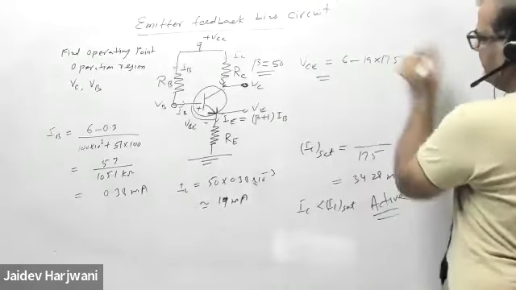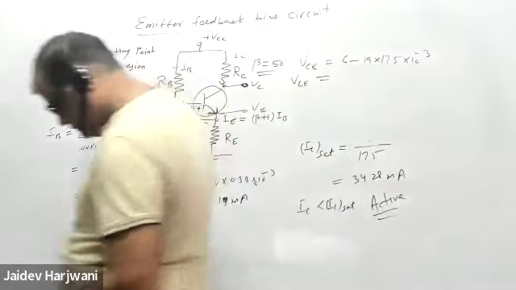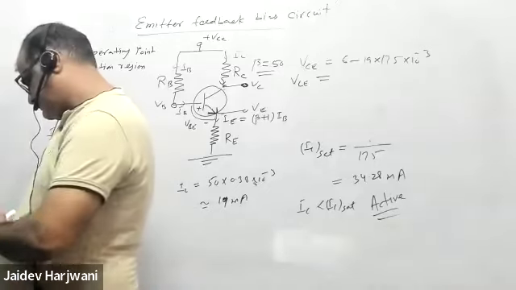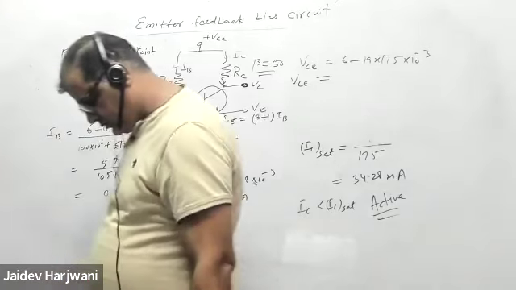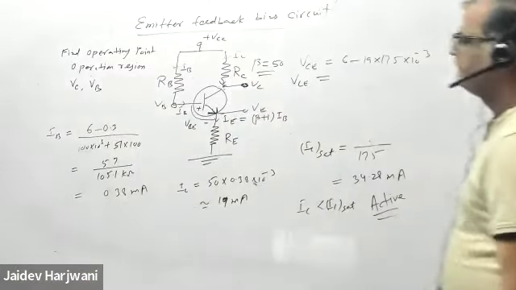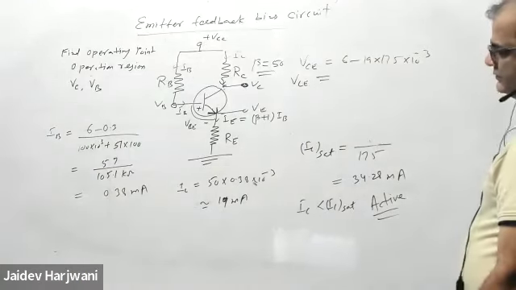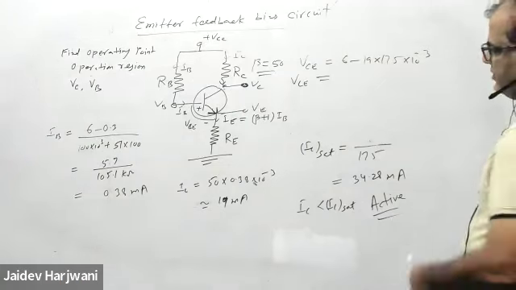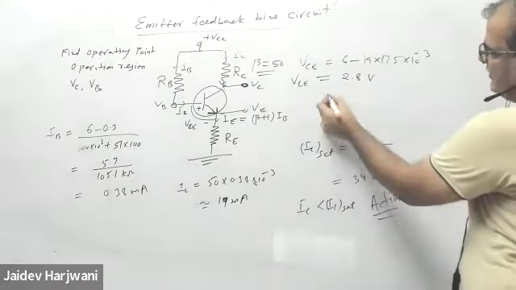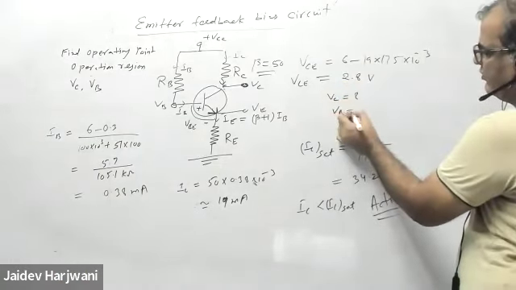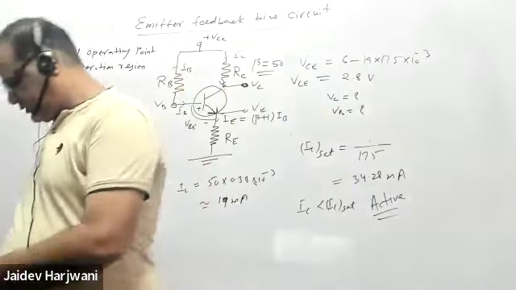Okay, tell me what is coming. Around 2 point something, 2.6, how much? 2.8 volt. Okay. And now the remaining VC and VB you can find out. I already told you the formula. You can calculate later.